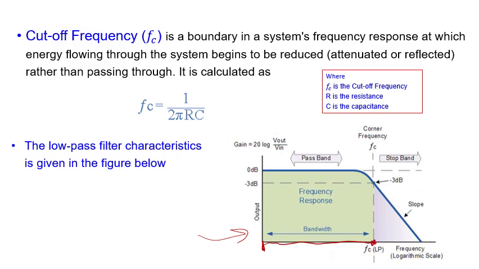At that point, we call it the cutoff frequency. Anything below this frequency will pass. Here he calls it the pass band. Frequencies higher than this are going to be rejected, and you notice that the magnitude is dropping.